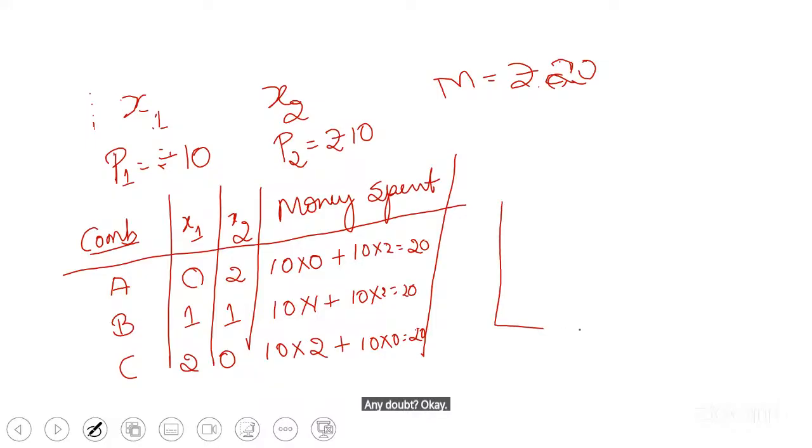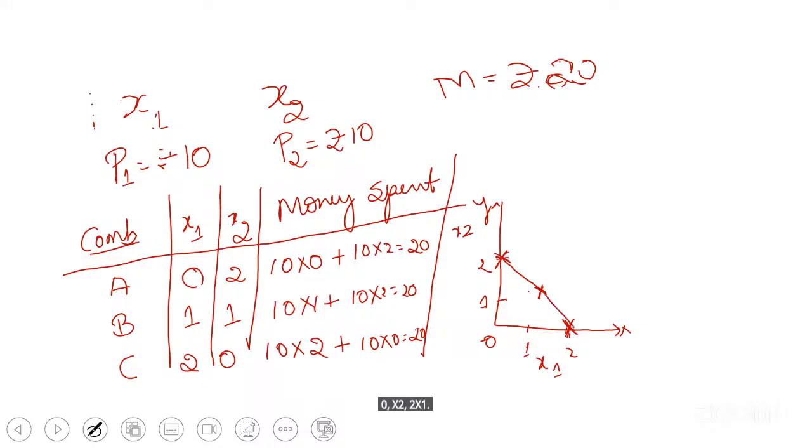Now if you draw it in a diagram, you measure X1 here and X2 on the y-axis. Combination A, 0 of X1, 2 of X2. Combination B, 1 of X1, 1 of X2. Combination C, 0 of X2, 2 of X1.